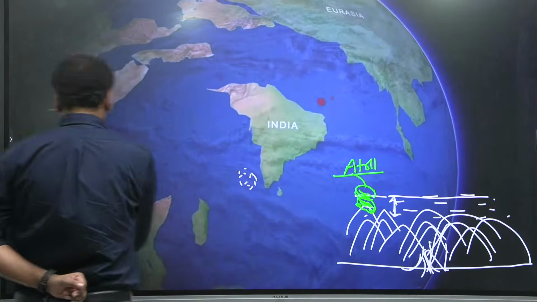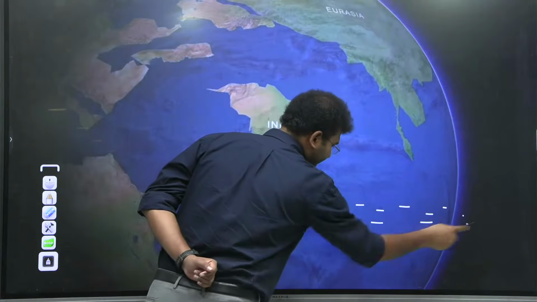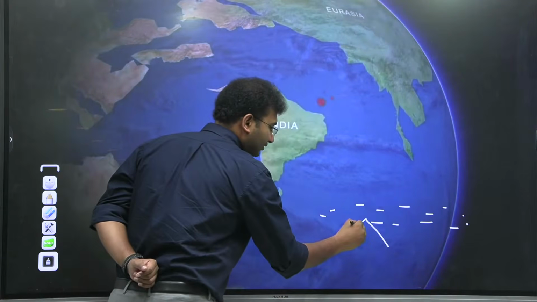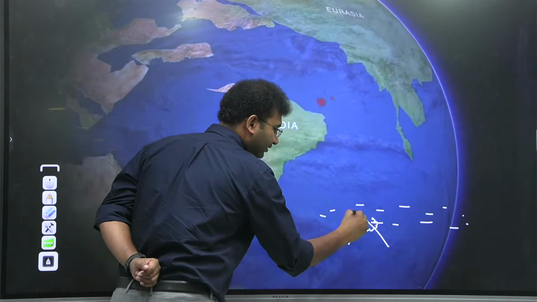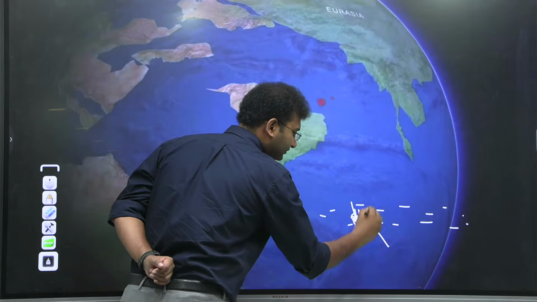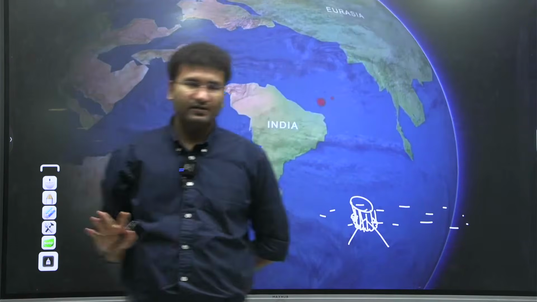Atolls are nothing but, if this is your water and this is your mountain, atolls will grow around, they grow in this manner. Above the surface, they seem to be circular. This is how atolls are.